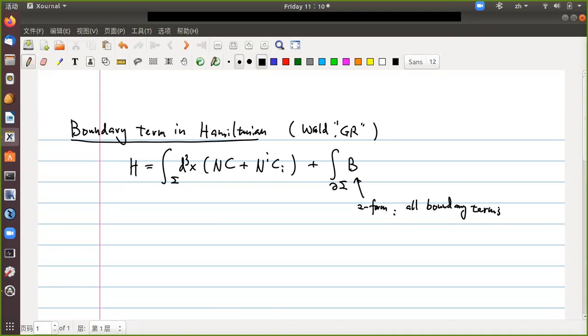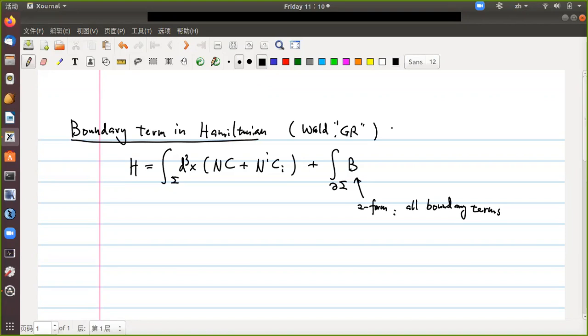There are 2 sources of the boundary term. Firstly, from the Lagrangian, there is a Gibbons-Hawking boundary term. Which means in the 3+1 decomposition, you also have to study the Gibbons-Hawking boundary term, which reduces to certain boundary terms in the Hamiltonian formulation. Secondly, when you do the 3+1 decomposition and calculate the Hamiltonian for the bulk term of the Einstein-Hilbert action, you also have to do a lot of integration by parts, and it also gives some boundary terms.